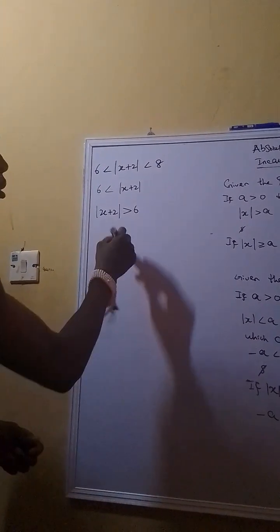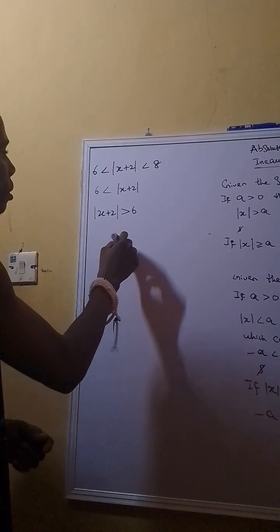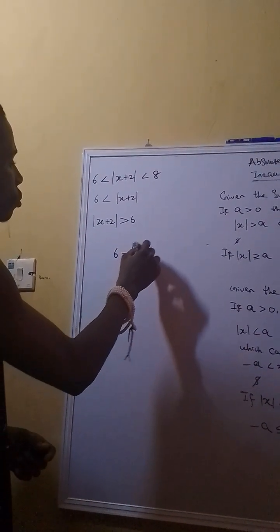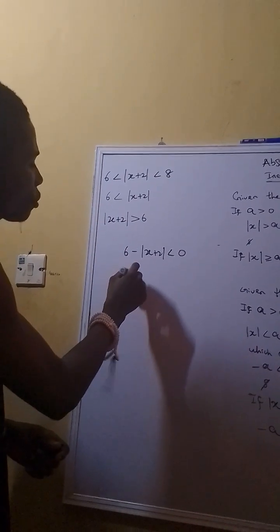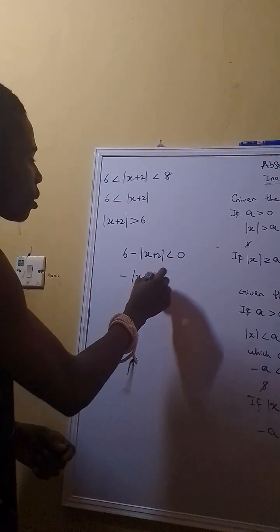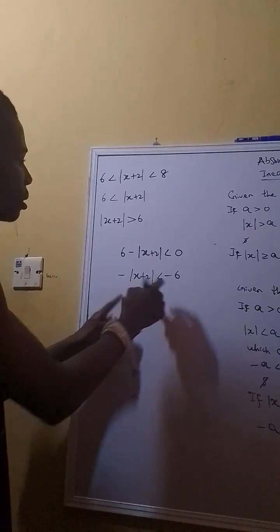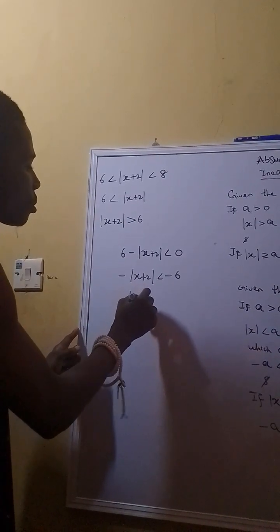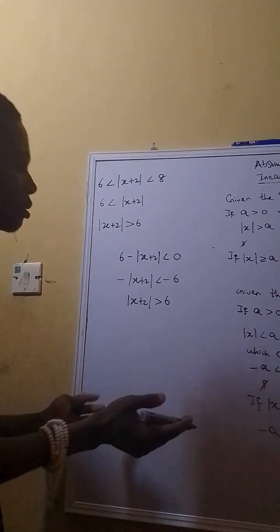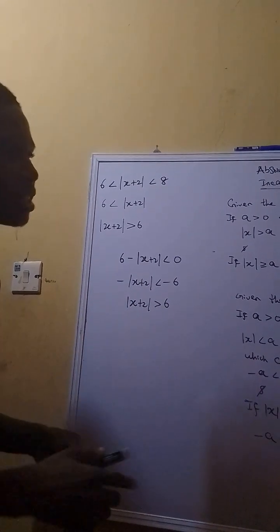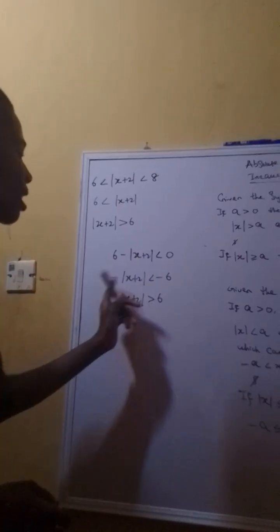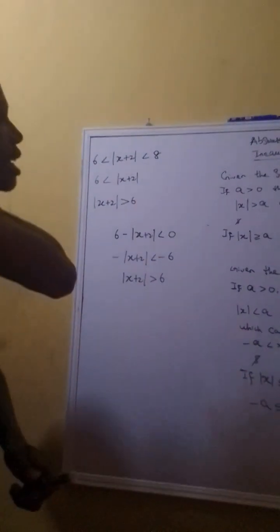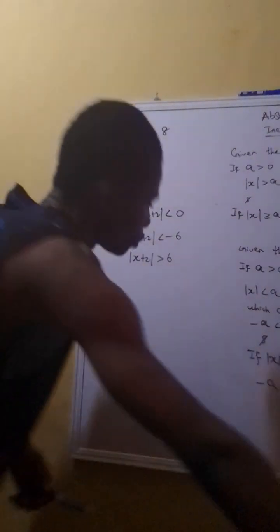Simply because if your 6 is minus absolute value of x plus 2 less than 0, minus absolute value of x plus 2 will be less than minus 6. Dividing both sides, your absolute value of x plus 2 will be greater than what? 6. The sign changes. If you go and check my next slide, that's the other previous one I did under inequality. Whenever you divide by minus or multiply by minus, the inequality sign changes. So that's what is being done here.